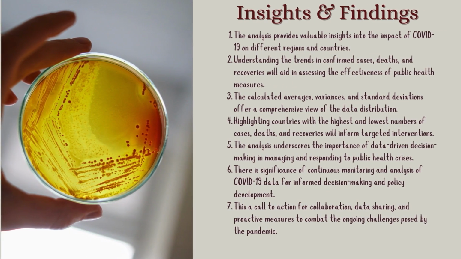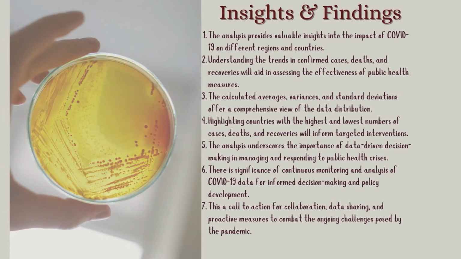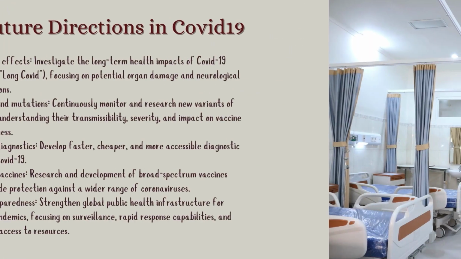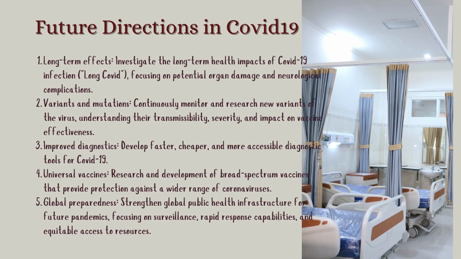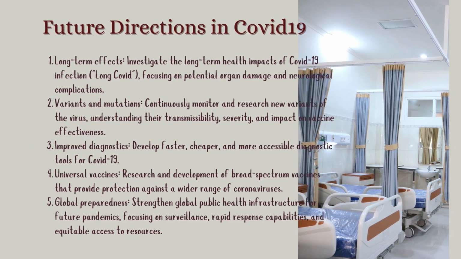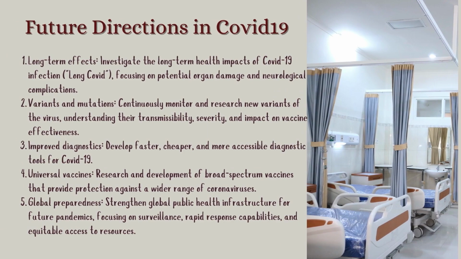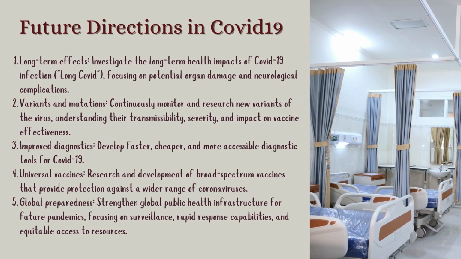Now, the insights and findings of this data analysis were several, and they've been listed in this. Future directions in COVID-19. We do have long-term effects that were experienced, and so one of the directions is focusing on potential organ damage and neurological complications.